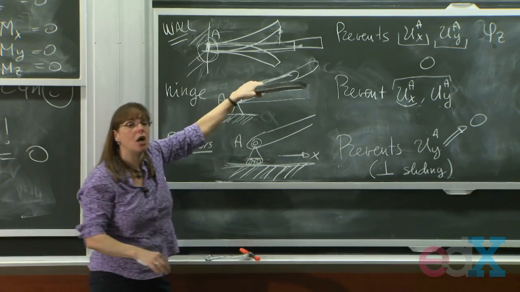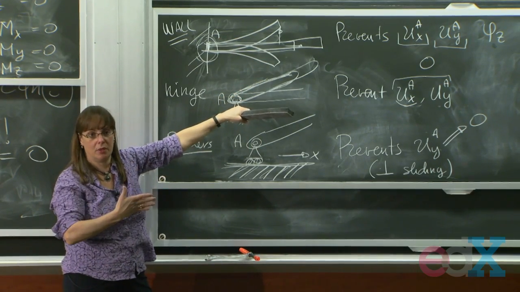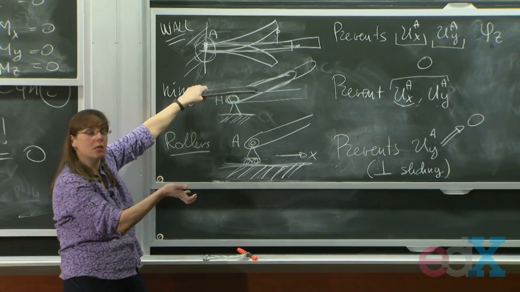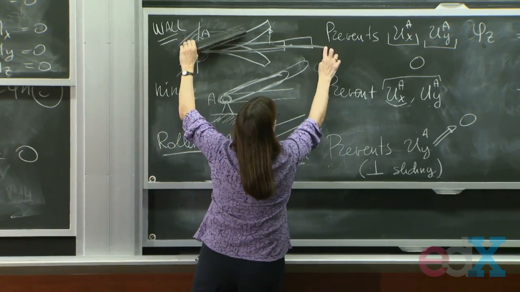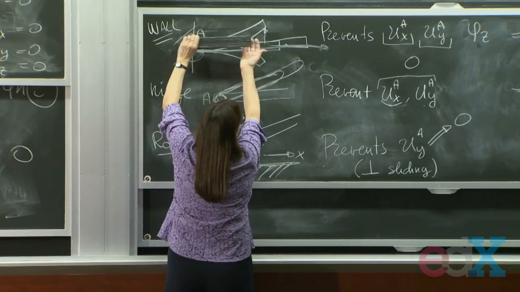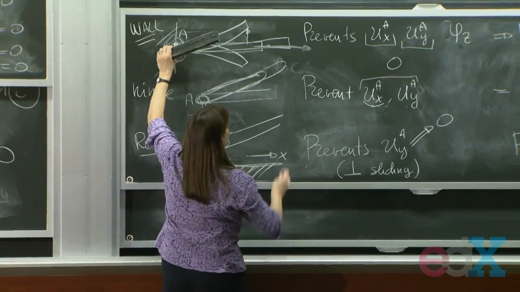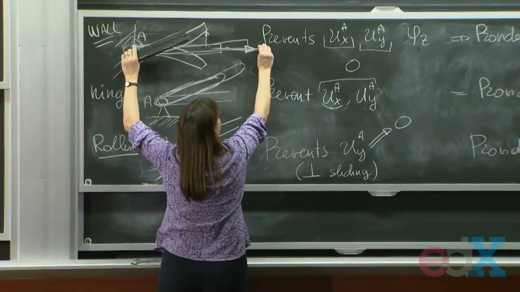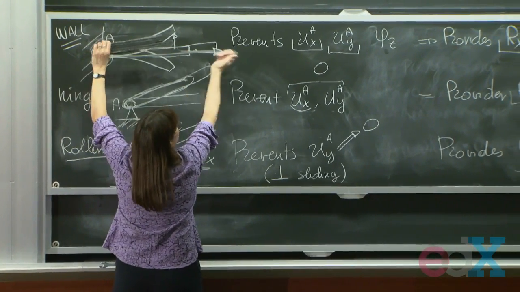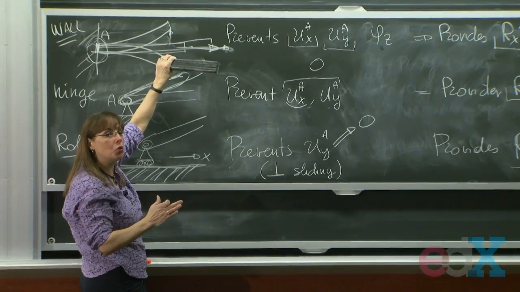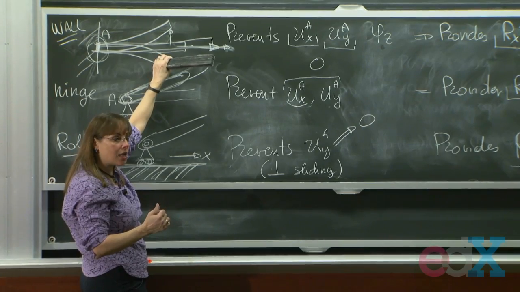So strictly, this is not an xy problem because I do moment with respect to what axis? This is the x-axis. For torsion, I'm doing moments in the x direction. But because I can draw them in the xy plane, because the axis of torsion is also in the xy plane, they're easy to draw and easy to deal with, so we're also going to do torsion along the x-axis.